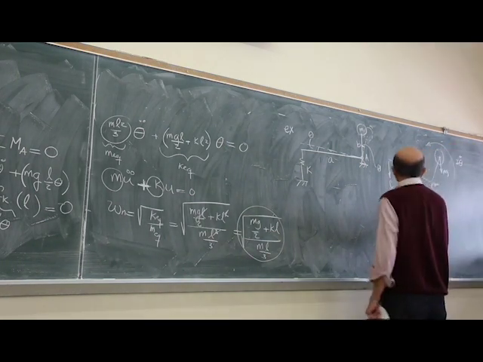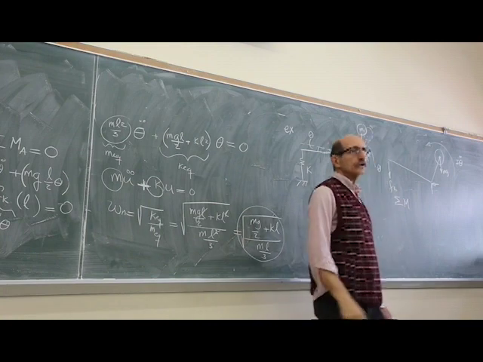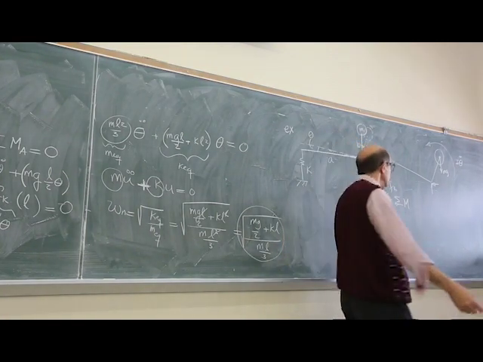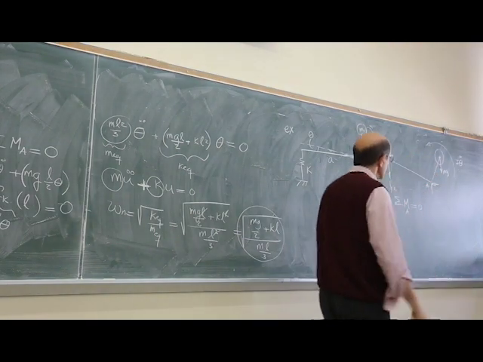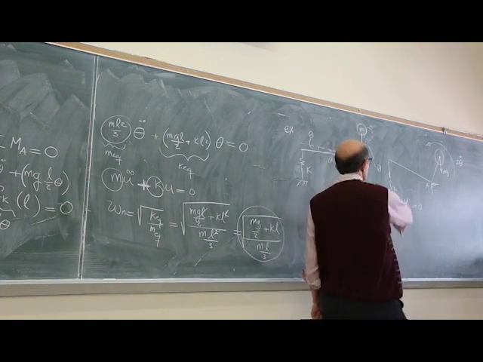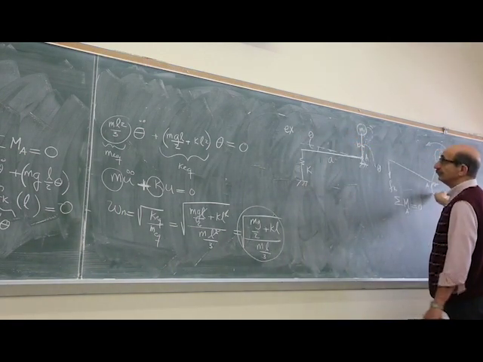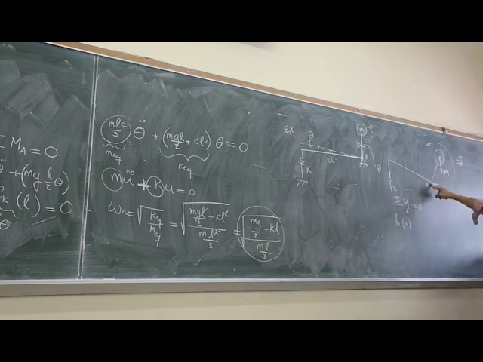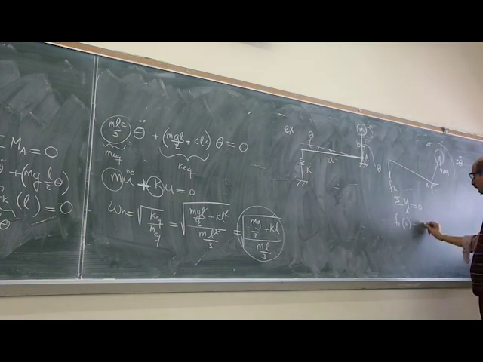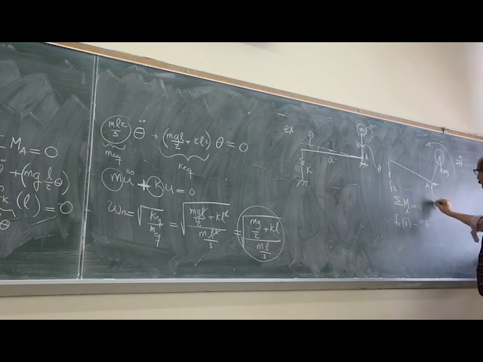If that's the free body diagram, you write, again, this is a rotational motion. So with the rotational motion, you write the summation of moments equal to 0 about this point A. So just take the summation of moments here. You have this force times this distance, which is A. So you have Fk times A. Then you have mg going in the opposite direction, so it would be mg times this distance.